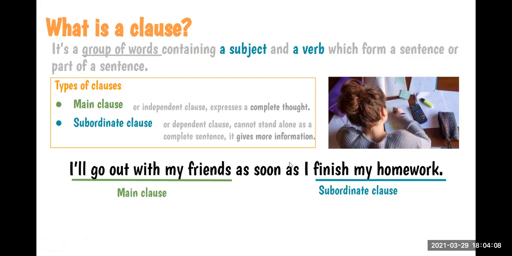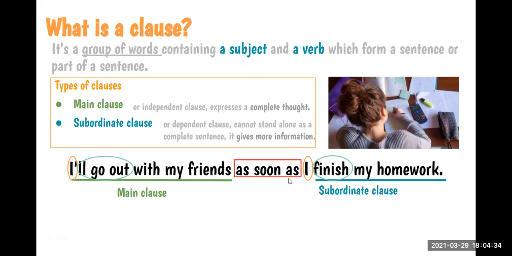And here we have this expression, as soon as, and we can join two clauses with these kinds of expressions, okay? As you can see, this is a clause because we have a subject and a verb, and this is also a clause because we have a subject and a verb, as we said before, right? Containing a subject and a verb.